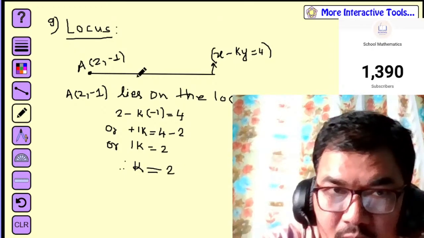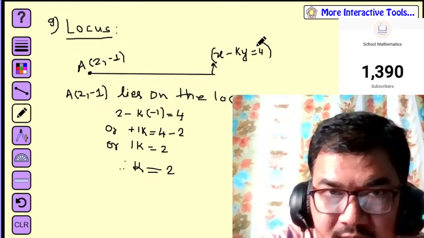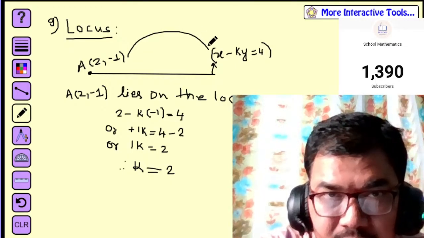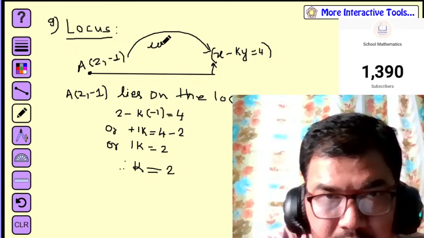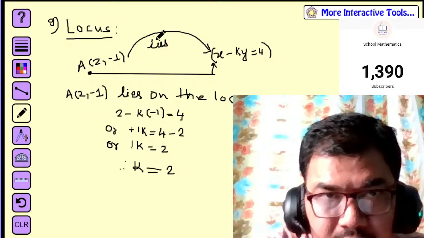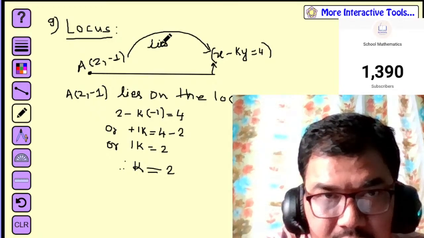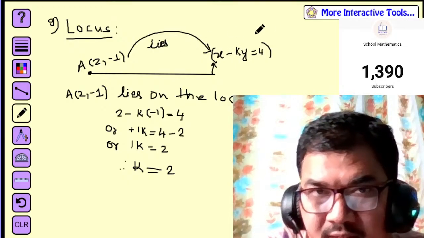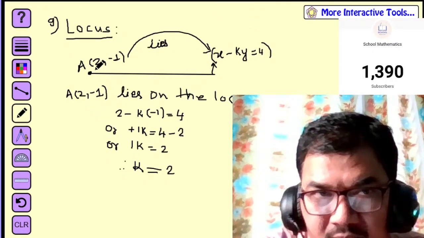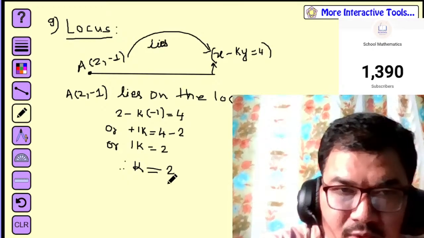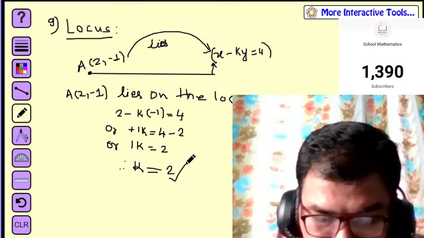Look, this line is the locus, and this equation is made by this point. That's why this point lies on it. It lies on this locus, which means it lies on this equation. That means we put the value of x as 2 and y as minus 1. Like this we find the unknown value.